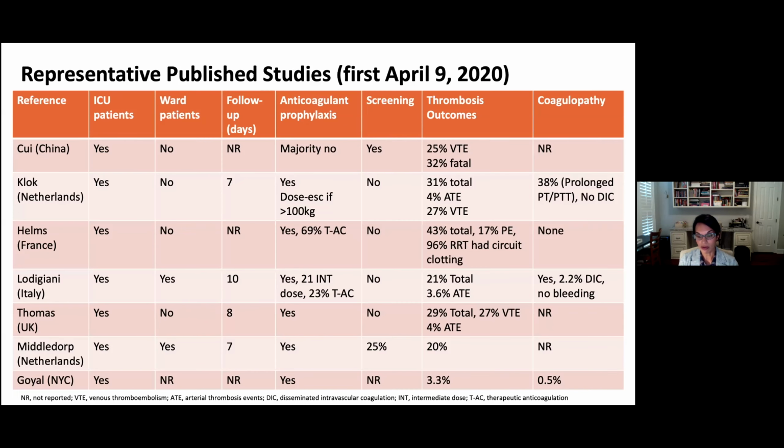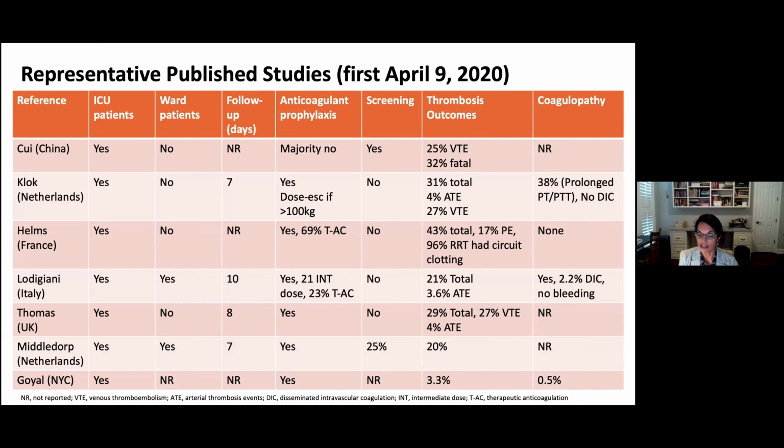Here, I've summarized key primary data of thrombosis from epidemiologic studies. And it's important to note here that all of these studies are retrospective studies with inherent biases. The studies mainly included ICU patients, although more recent studies have included general ward patients.